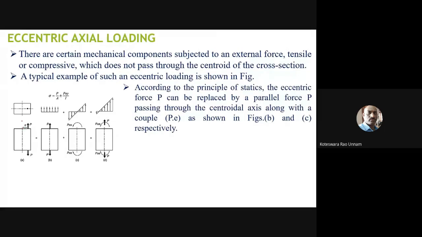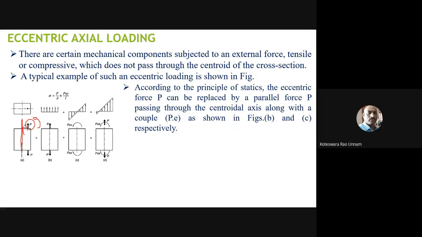Now, if I take this as our axial line, what is the moment of this force about this longitudinal axis? Here the moment of this force about this longitudinal axis is in the anti-clockwise direction, because this force will try to rotate this block in the anti-clockwise direction.